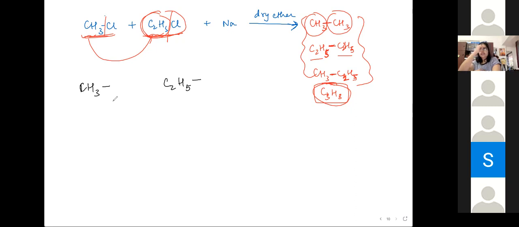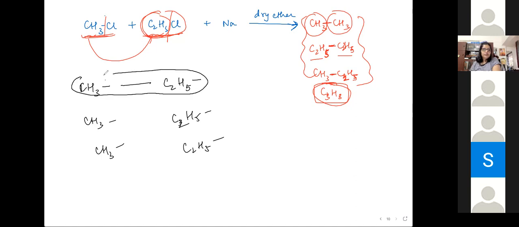There's going to be 10 power 22, 10 power 23, billions, trillions of molecules. So you'll have a whole bunch of these in the solution. So it's a matter of what bumps into what. If this bumps into this, these two together, you get this particular thing.